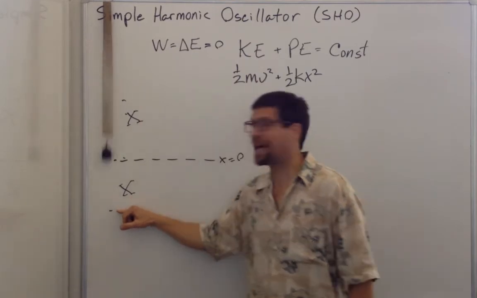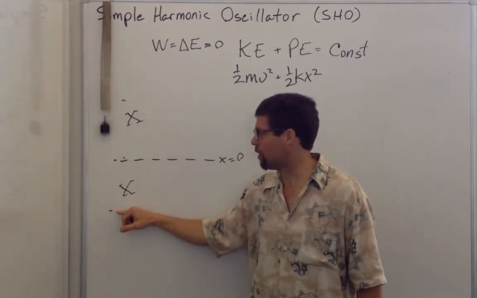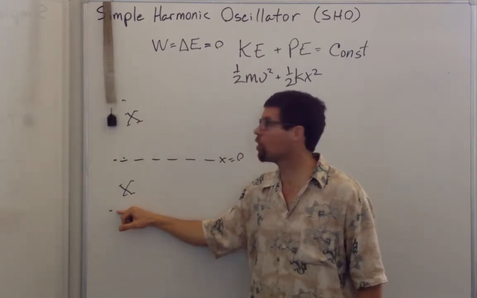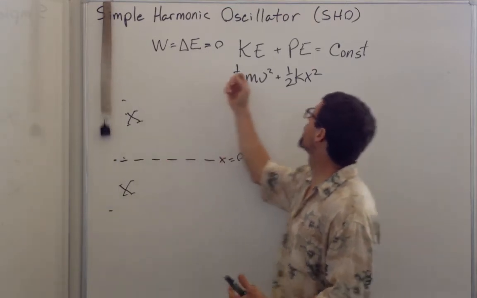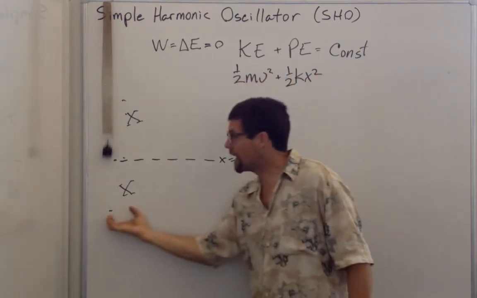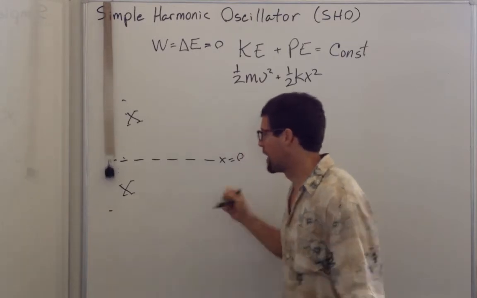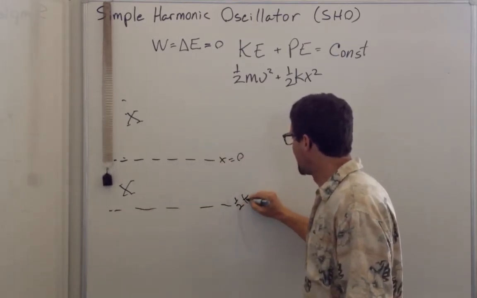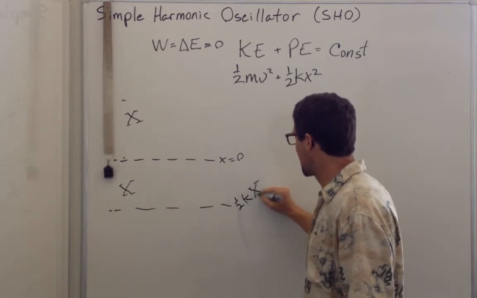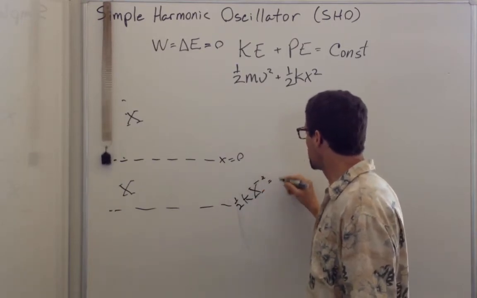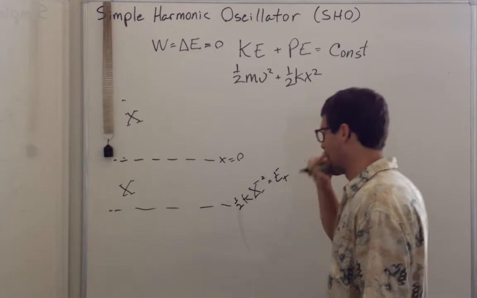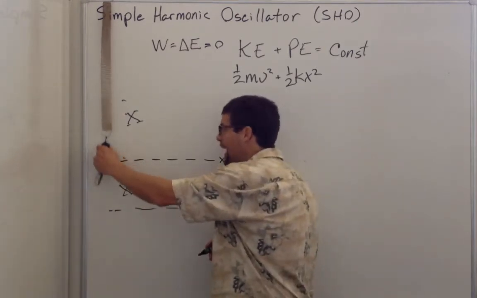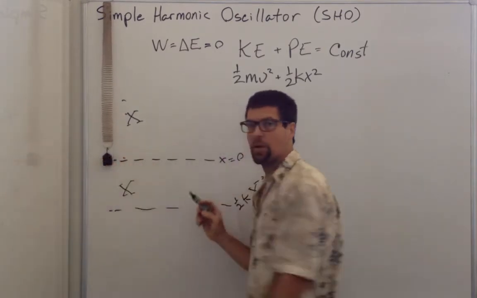We recognize as it's turning around, the velocity is 0, and so the kinetic energy is 0, and the entire energy is in the potential energy of the spring. And so this is where we have 1/2 kX squared, with X the amplitude, equal to the total energy. When it passes through x equals 0, that's the equilibrium point.